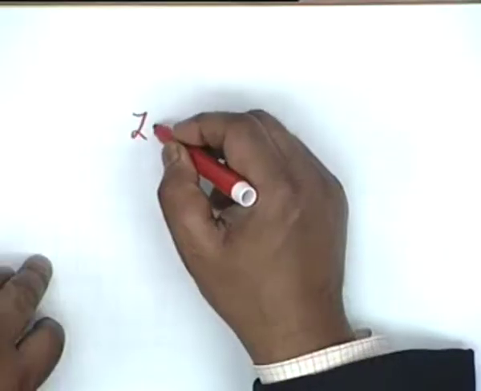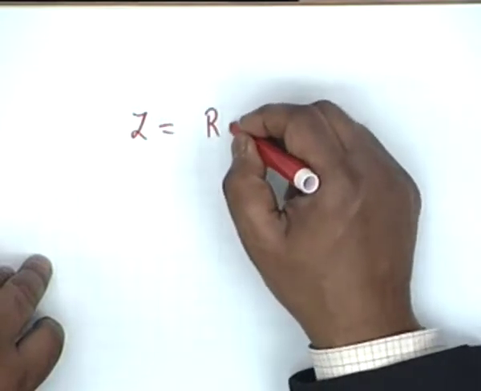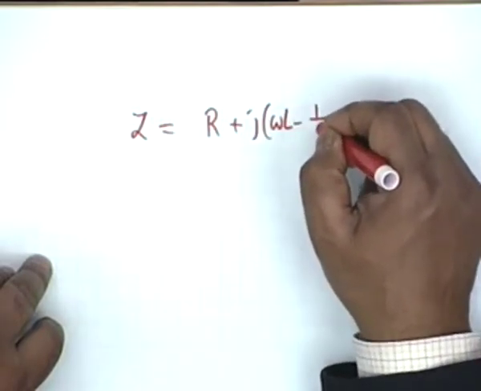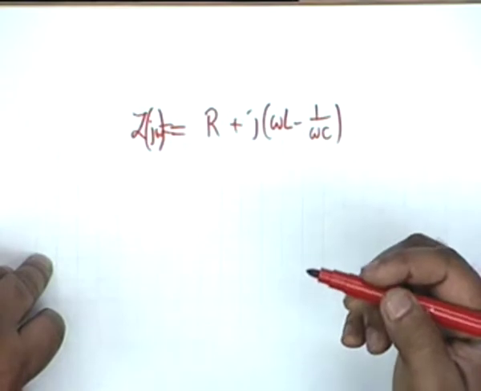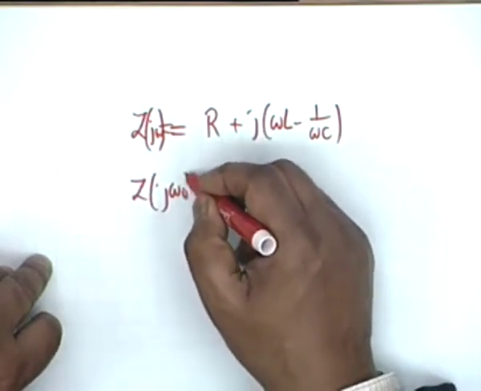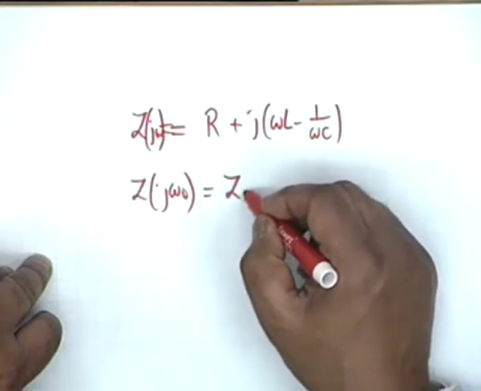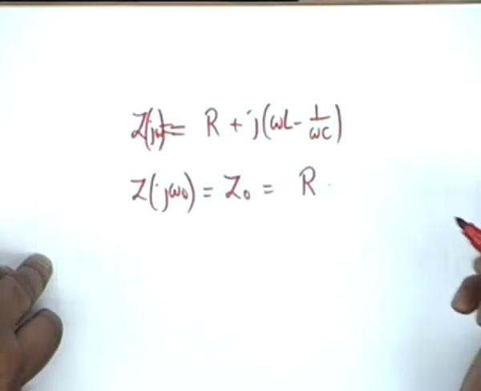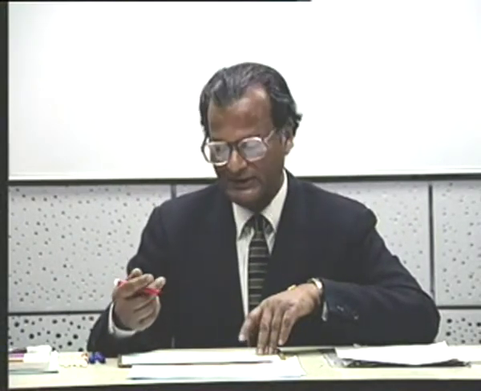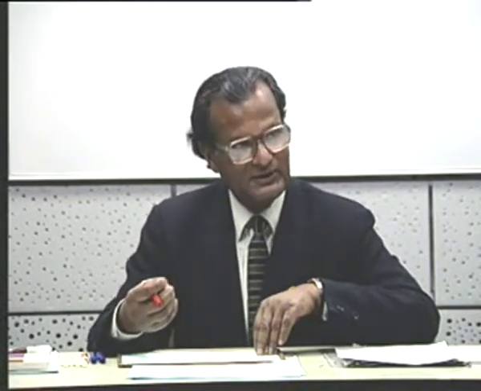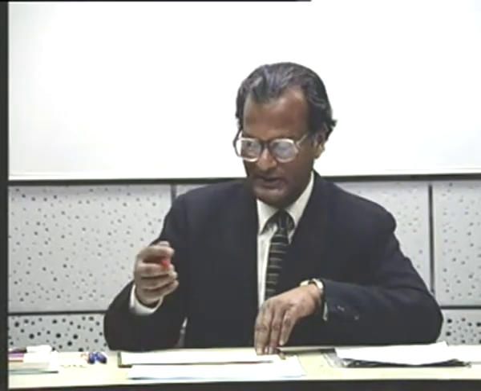If we take the question of series resonance, Z equals R plus j omega L minus 1 by omega C. This is Z of j omega at any frequency, and you know that at resonance Z of j omega 0, if I call this Z0, is simply equal to R. If I could express the phenomenon of resonance in terms of dimensionless quantities, quantities which are independent of the actual values of resistance, capacitor and inductor, it would be very welcome.